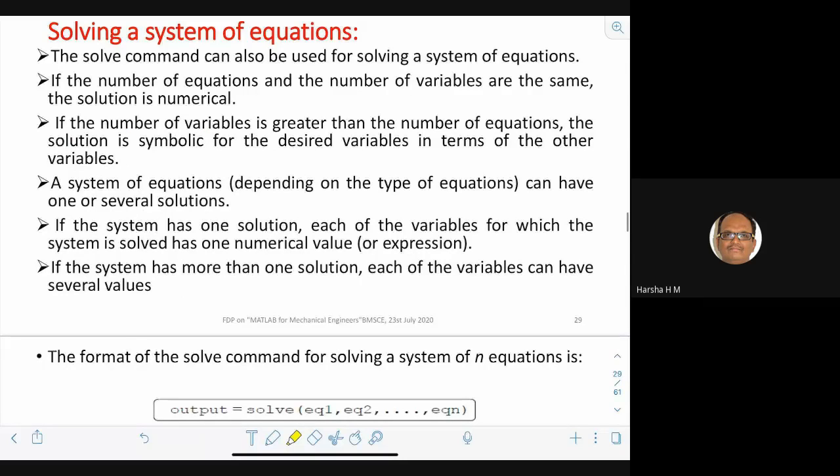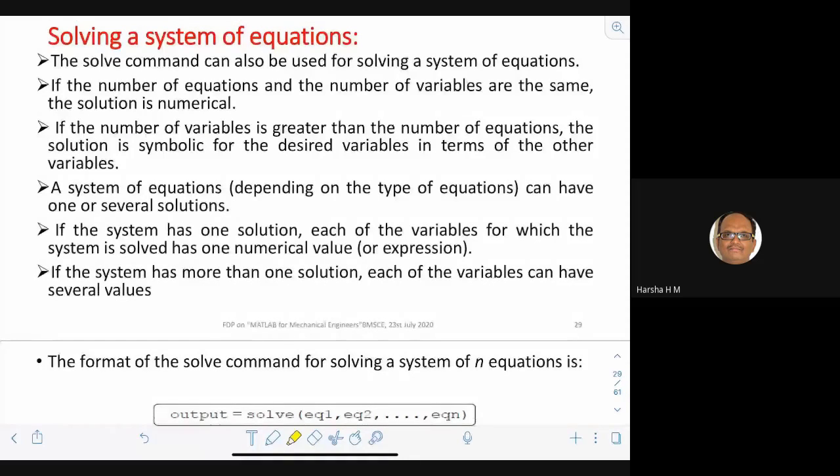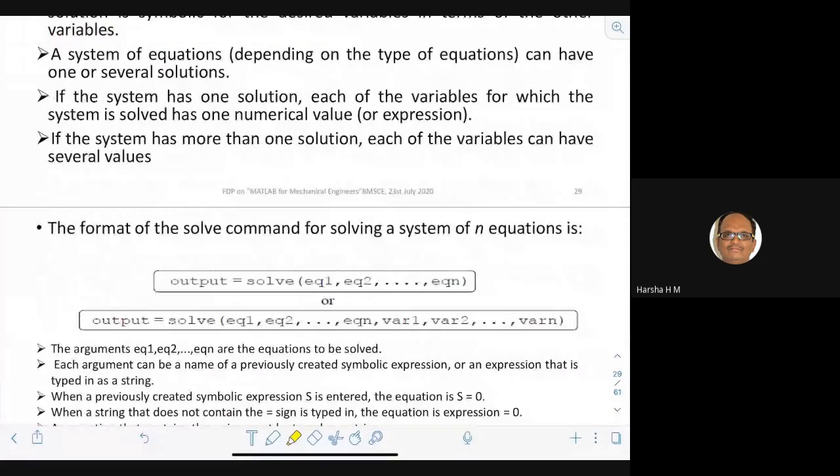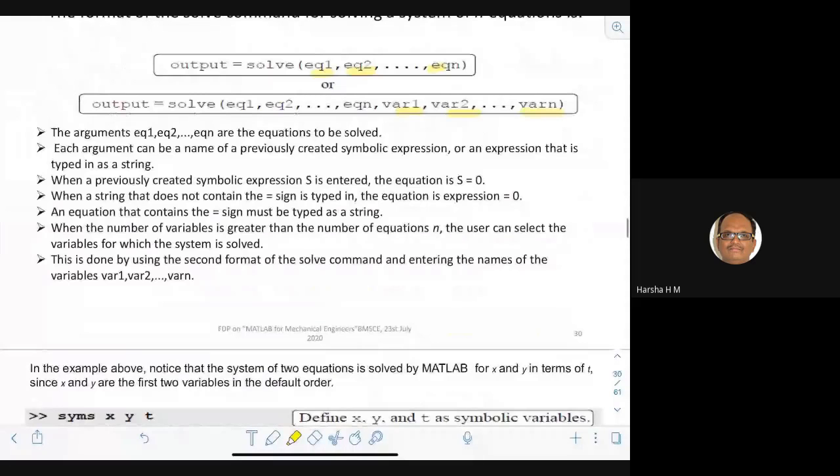Then let us look at using this for some applications. Solving a system of equations: you can solve many equations for these variables, and see the output. So how do we use it? I've already shared this material. Just observe this part.